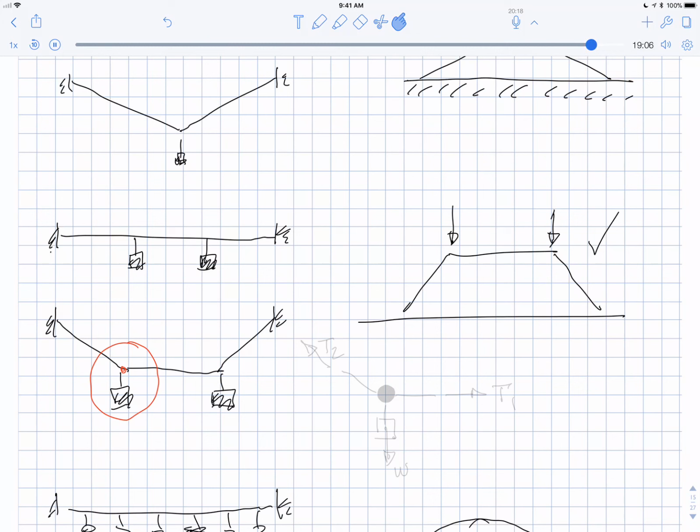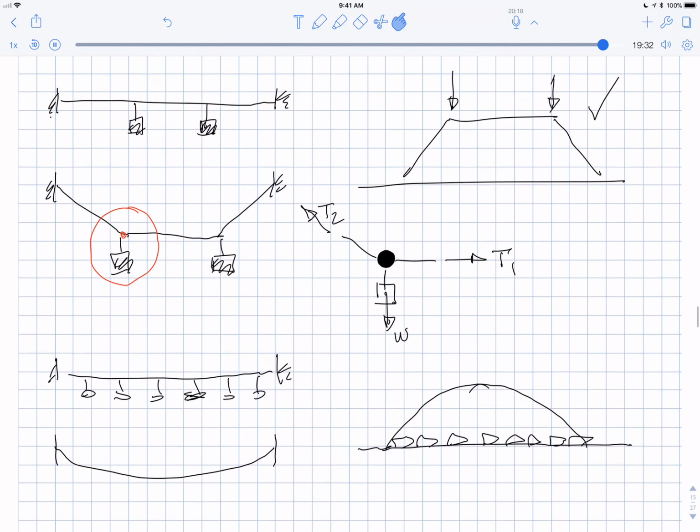I'll draw that a little big, and then you got that string coming out, that string coming out, and that weight. Then draw everything in there. So I've got that weight in there. We'll draw that. There's the weight W, and we've cut through this string. We call it tension 1, and we've cut through that string, tension 2. So that would be the free body diagram of that point right there.